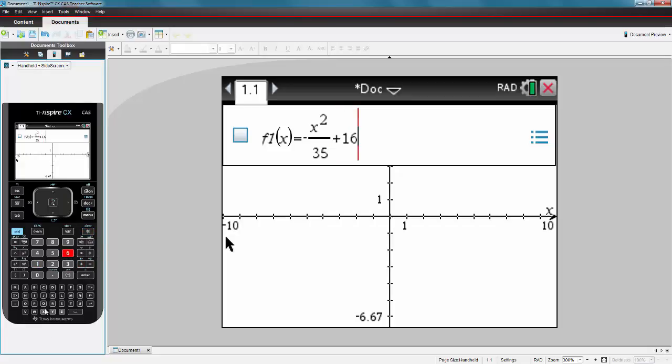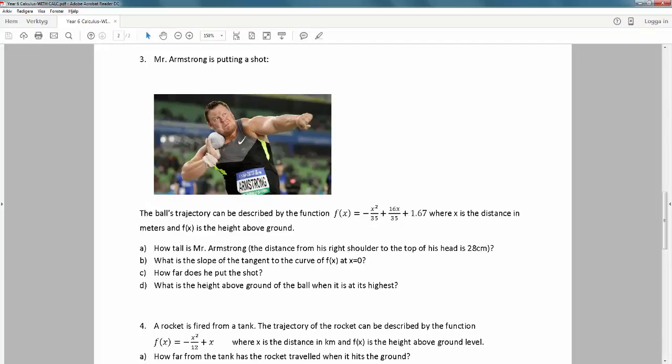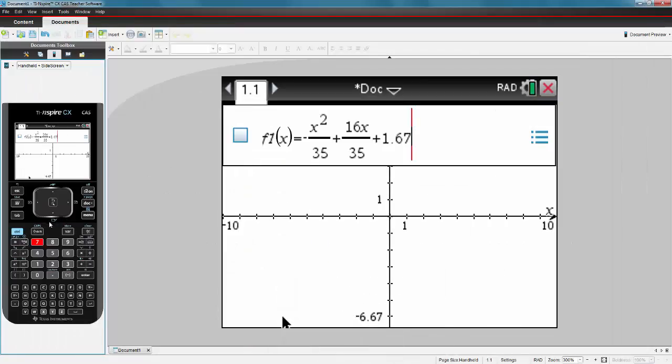You can do it like this: select this and make it into a fraction if you forgot, also divided by 35, and then plus 1.67. Was that correct? Yes. So let's have a look at this function.